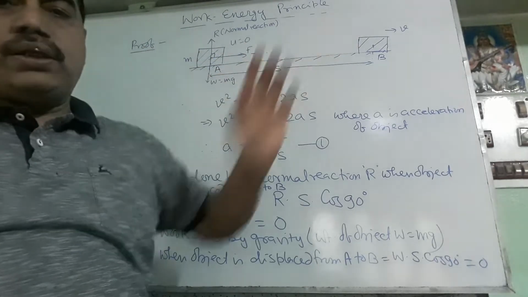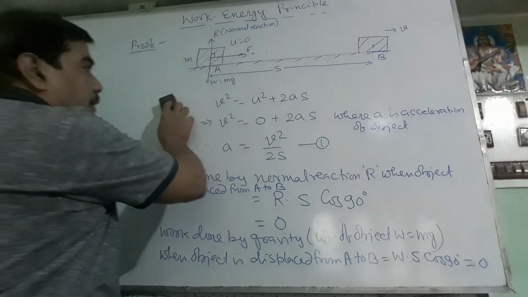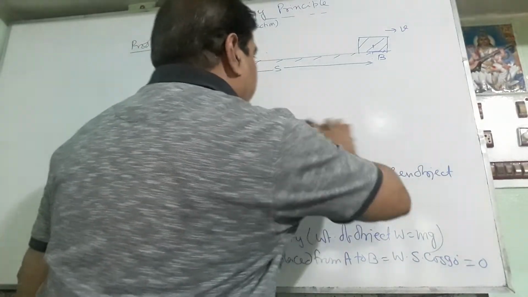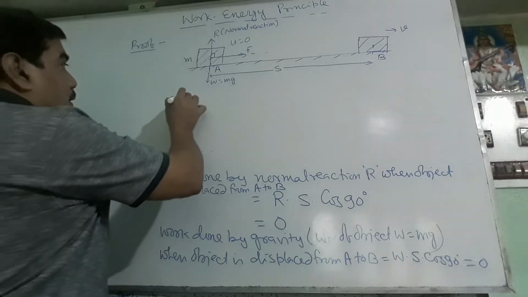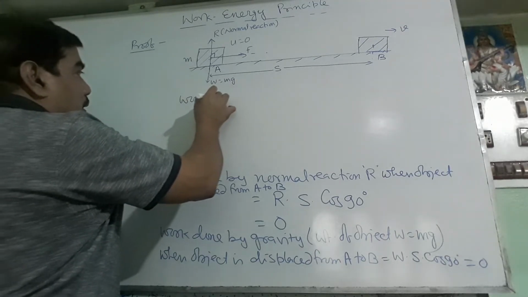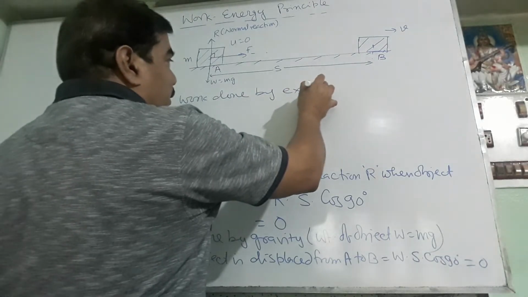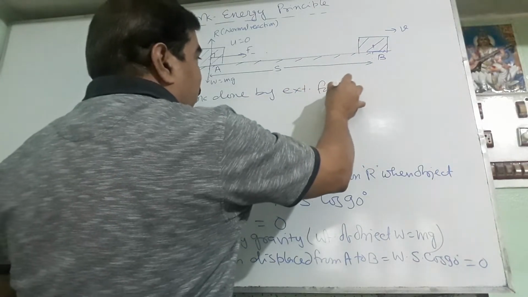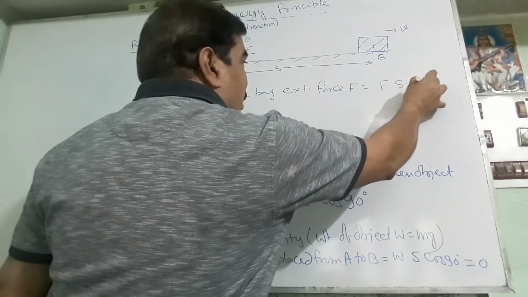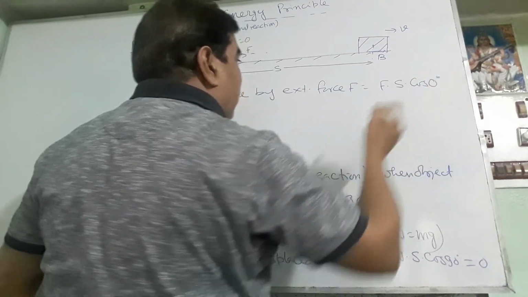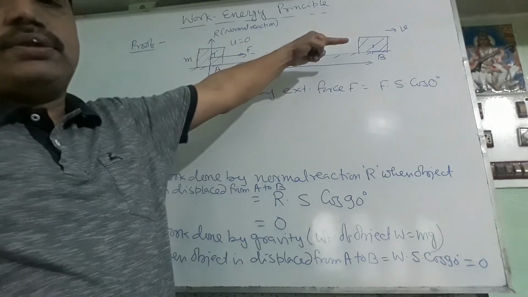Now we are going to find the work done by this external force F. So work done by the external force is F into s into cos 0 degree, because we have applied the force parallel to the surface.